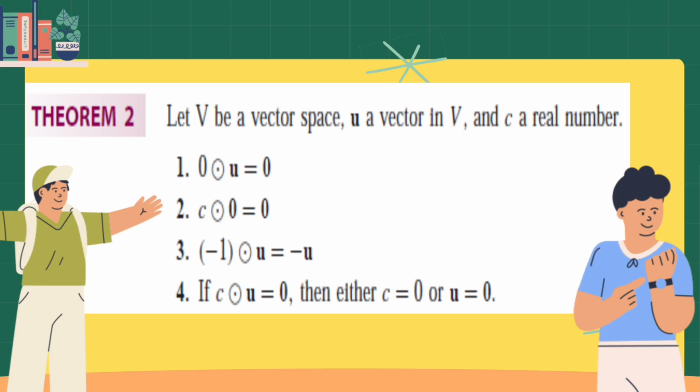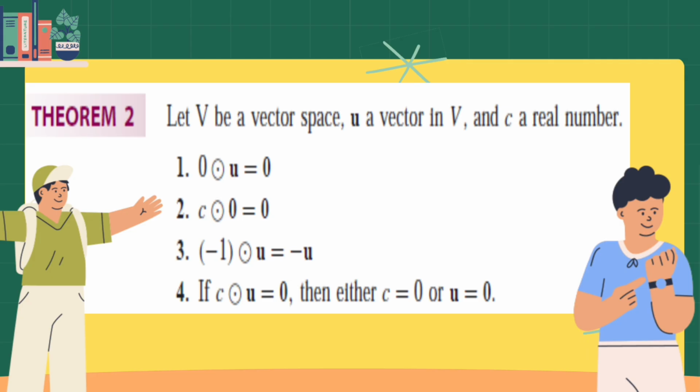And next, we have theorem 2. That's for the scalar multiplication properties. This theorem gives us 4 crucial properties that always hold in vector spaces. For number 1, we have 0 times u equal to 0.